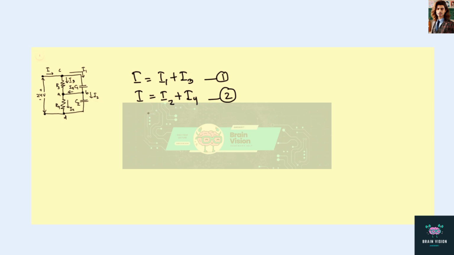And then we write loop equations for each of these three loops. So we have Q1 over C1. We set the current through the capacitor equal to the derivative of the charge on the capacitor, but we will do that afterwards, after we have written down the loop rules.